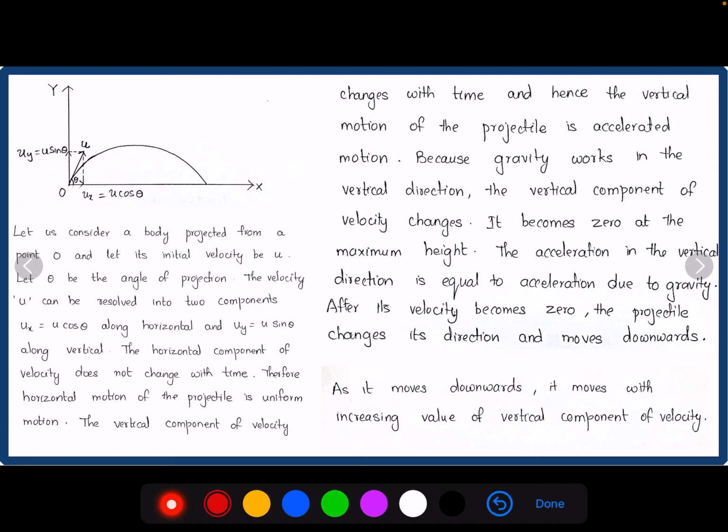As it moves downwards, it moves with increasing value of vertical component of velocity.